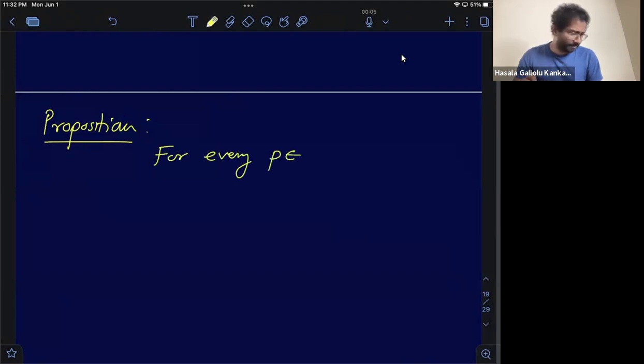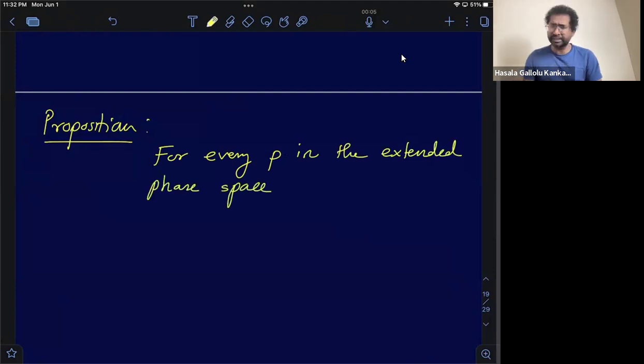For every P in the extended phase space, you consider the extended phase space, and any point on that extended phase space.